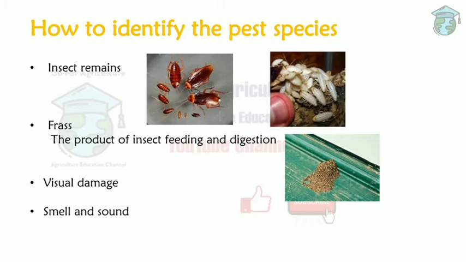And you can also identify pests with the help of smell and sound, because each insect produces some sort of foul smell, and also produces different kinds of sounds. So these are the different strategies to identify the pest species.